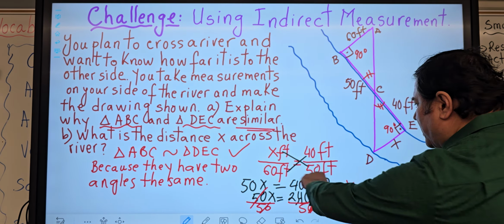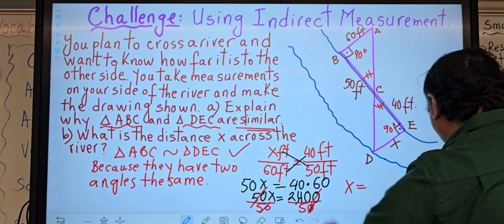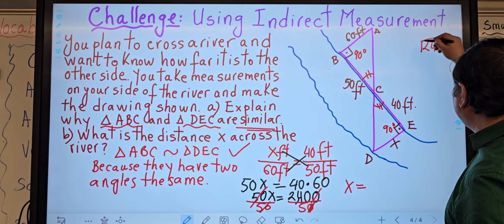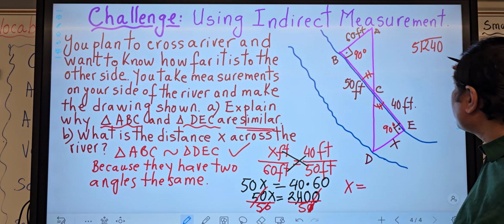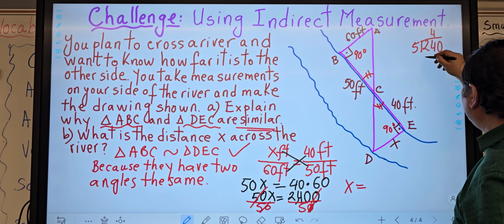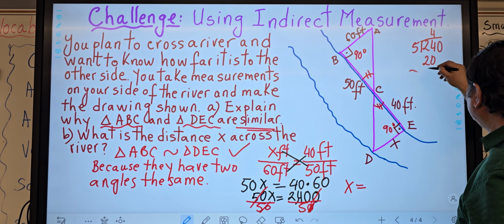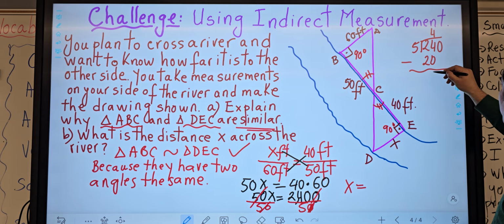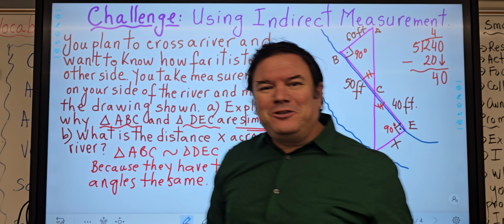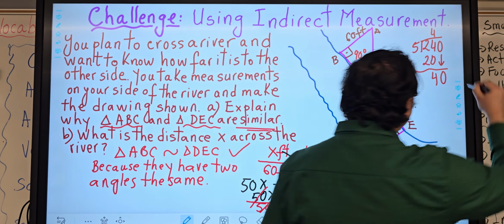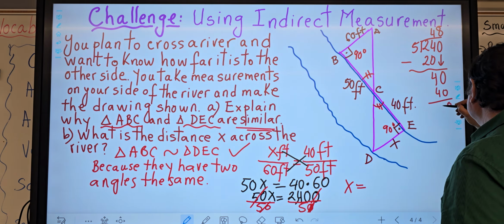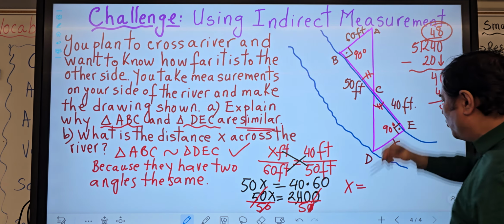Now we simply have to divide 240 by 5. 5 goes into 24 4 times. 4 times 5 is 20. Let's subtract. 24 minus 20 becomes 4. Bring down the 0. And 5 into 40, 8 times. 8 times 5 is 40. So our answer is 48.